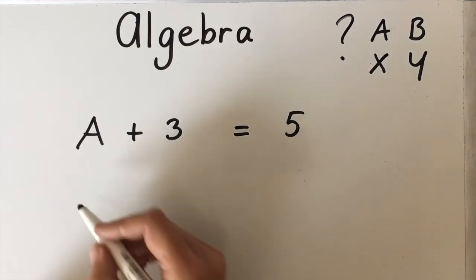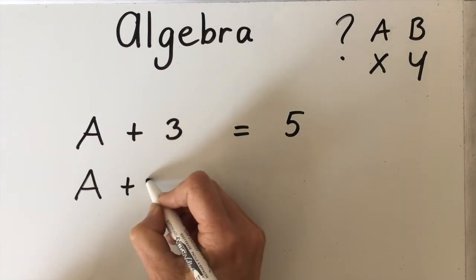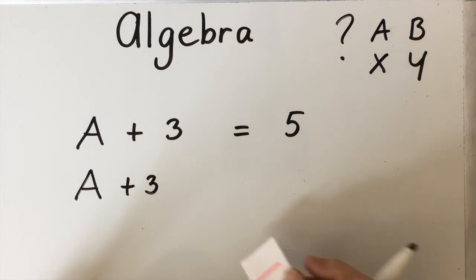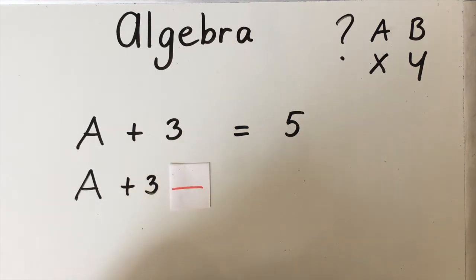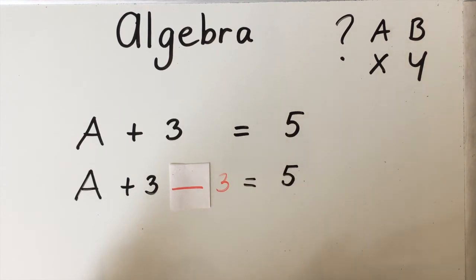So what do I get then? I get A plus 3 minus 3 equals 5. And whatever I do on this side, I also have to do on the other side. 5 minus 3.